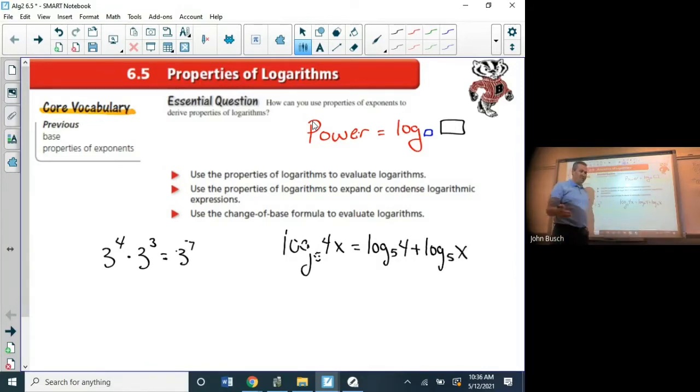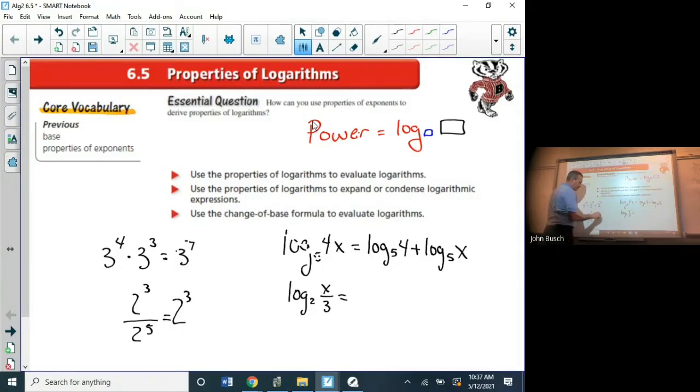Okay? And then you can probably guess what you can do when you have a log, any base, I'll say 2, log base 2 of x over 3. I made it up, I'm just showing an example. When you have the log of a quotient, instead of adding, because when you have a quotient, 2 to the 3rd power divided by 2 to the 5th power, you subtract these powers.